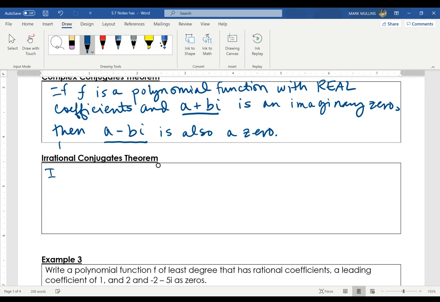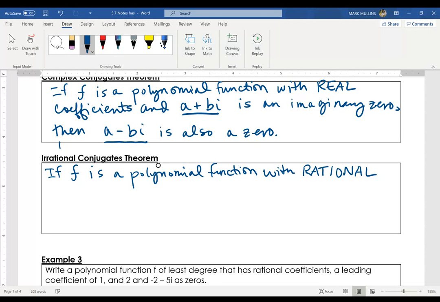We'll write it like the last one. If f is a polynomial function with rational coefficients, that means we can write them as fractions. We don't have any irrational stuff that goes on and on forever.